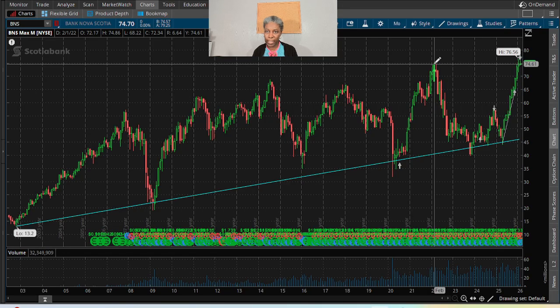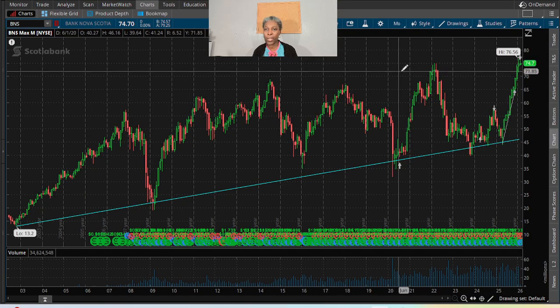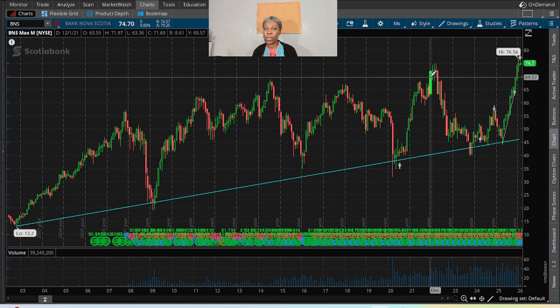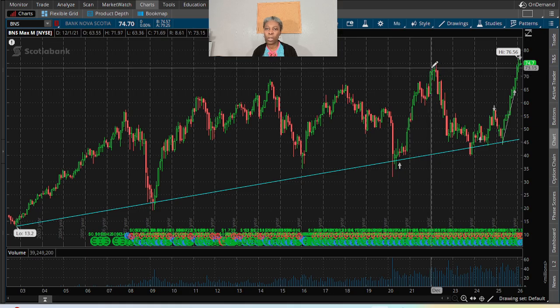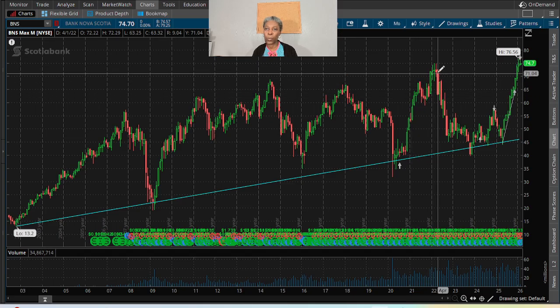So by just looking at it, notice that once it breached the previous all-time highest, it could be there for a few months and then it will pull back. So it breached it here and then pulled back and went up a little bit.